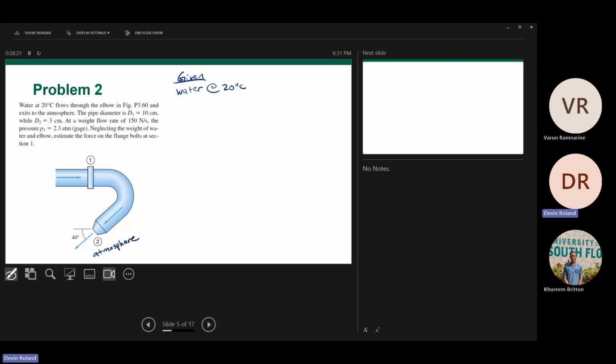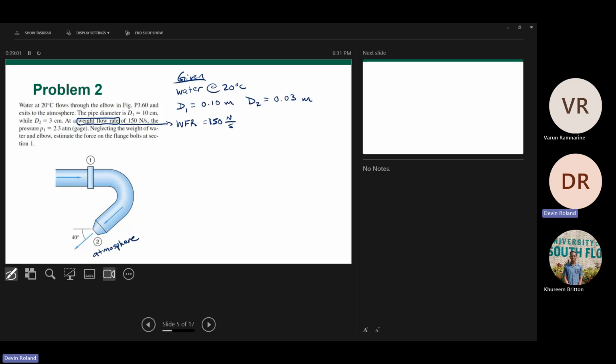We know that the diameter of section 1 is 10 centimeters. We know the diameter at 2 is 3 centimeters or 0.03 meters. We know that we have a weight flow rate equal to 150 newtons per second.